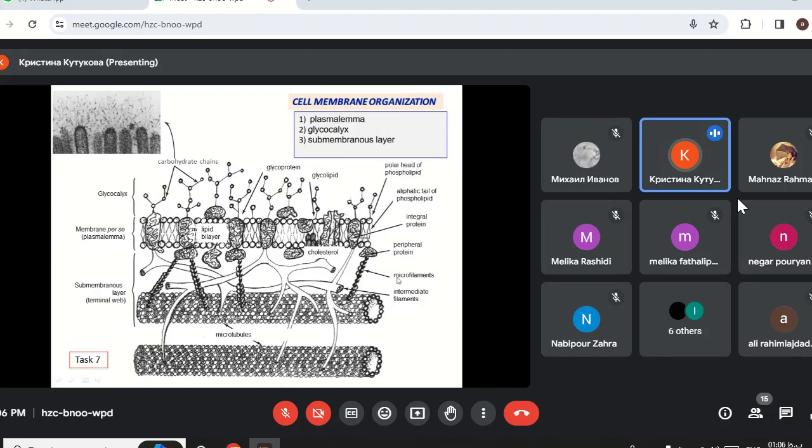They are called intermediate because they are intermediate in their size between microfilaments, smallest, and microtubules, which are largest elements of cytoskeleton. So these three elements of cytoskeleton make the terminal web. Their function is to attach the membrane of the cell to the internal composition of the cell.